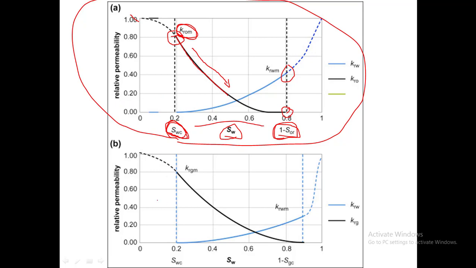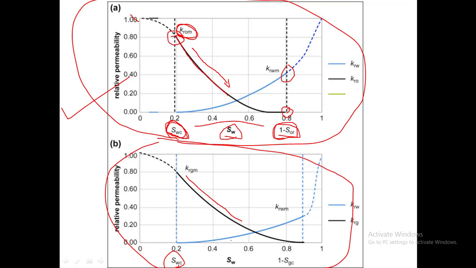As you can see, this graph belongs to gas. The phenomenon is the same as this graph. Like the connate water saturation, let us suppose it is 20%. So here the permeability of the movable gas is maximum. As you produce gas, as gas saturation decreases, the permeability of gas will also decrease.